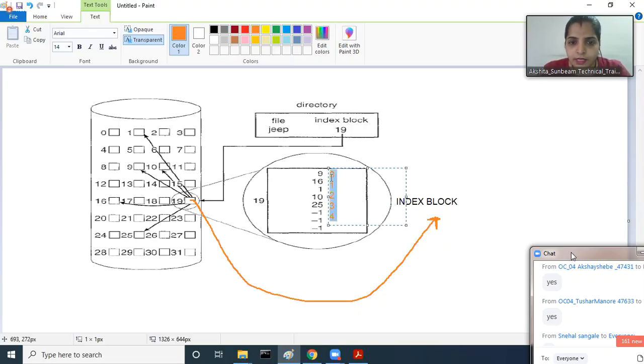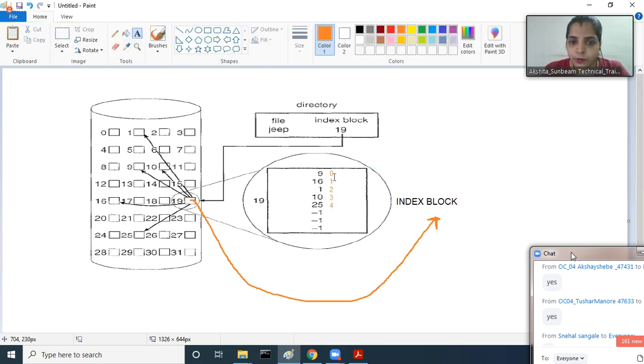That means in case of indexed allocation, it will maintain the index format. What is that index format? The 0th block is the 9th block. The first block is the 16th block. Second block is the first block. Third is the 10th block. Fourth is the 25th block. It will maintain the index of all the pages.